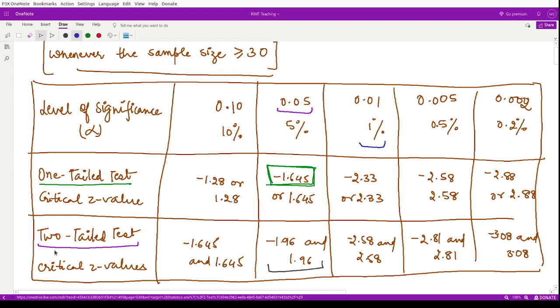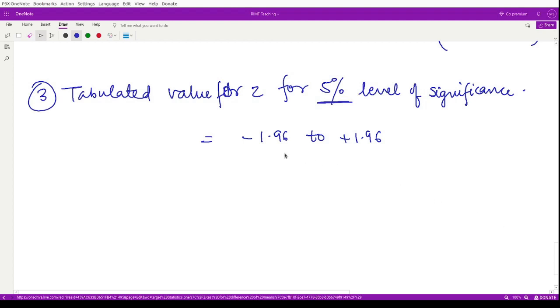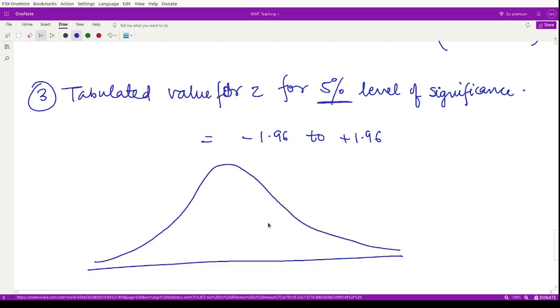The value for a two-tailed test for 5% level of significance is minus 1.96 to 1.96. Therefore, this is our tabulated value. For this, we can draw the critical region. Here this is your minus 1.96 and here it is plus 1.96. So this is your critical region on both sides, because this is a two-tailed test.